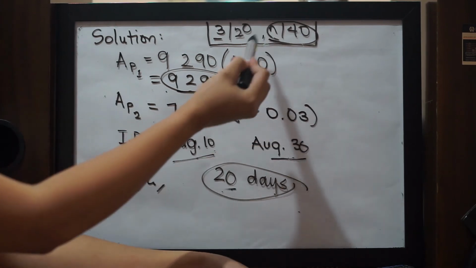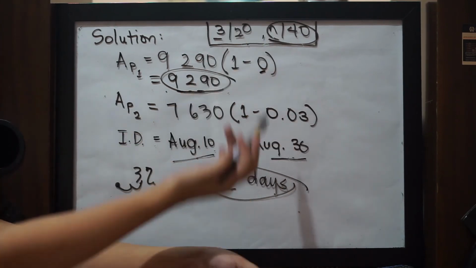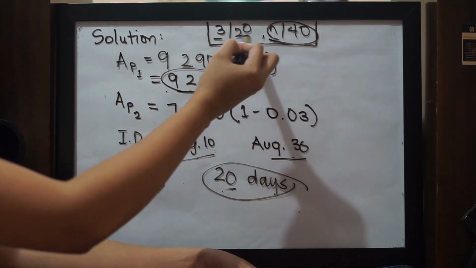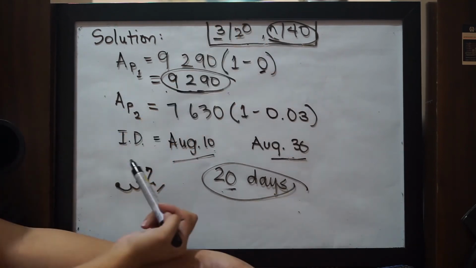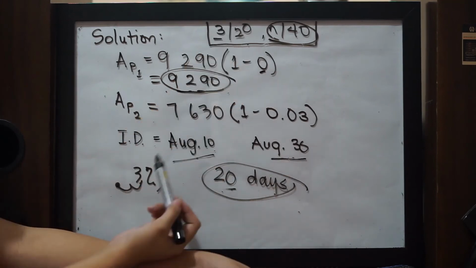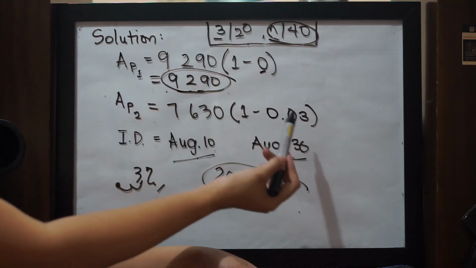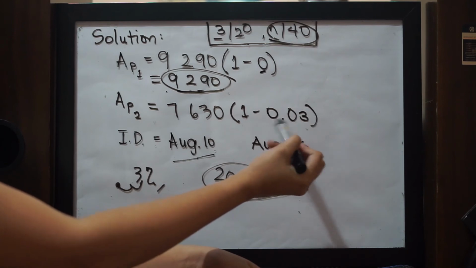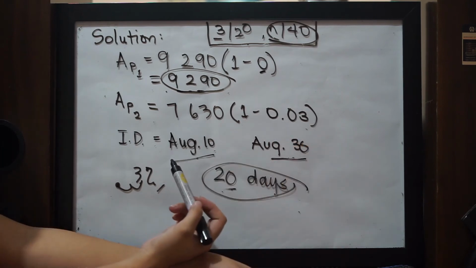Then, yung 20 days you check, saan ba papasok dun sa given na terms of discount? 3, 20 and 40. Obviously, dito sa 3, 20 na terms, kahit ika-20th day yon. So, that's why nakapag-come up tayo with the discount rate na 3%. That's why, ang gamit dito is 0.03.